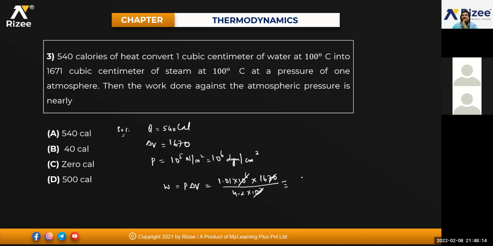So 1.01 is nothing but approximately 1, into 167 divided by 4.2. That means this will become 1670 divided by 42, approximately 40. So approximately I can take it as 40 calories.